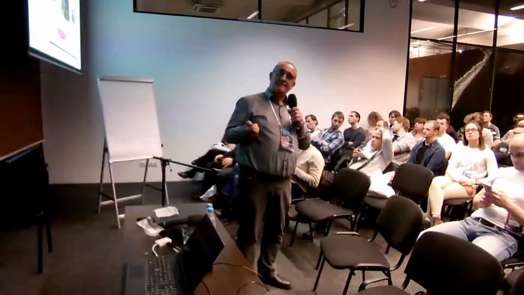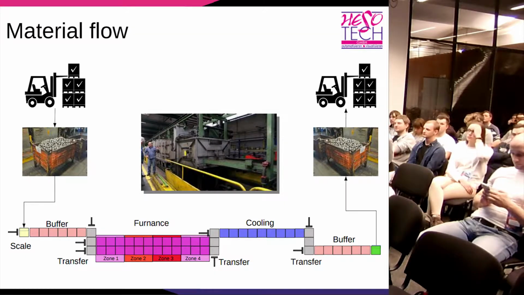And then the cage is put into a first buffer via a scale. And then inside the furnace there are two tracks. And then going to a cooling region, and then to an output buffer. And so that is the way it works. And that is a furnace that does the job.